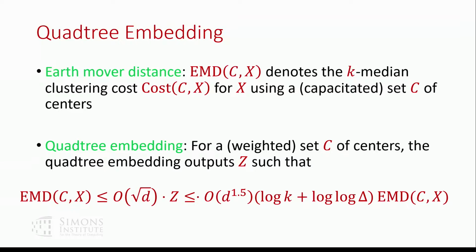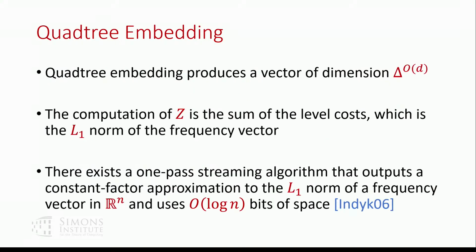There are better embeddings than the one I just showed, but the point is that this one will have slightly worse accuracy, but better space. So if you don't want some of these terms, you can use a bit more space and be a bit more accurate. So the quadtree embedding produces a vector of dimension delta to the d.